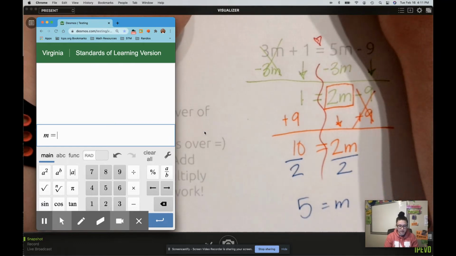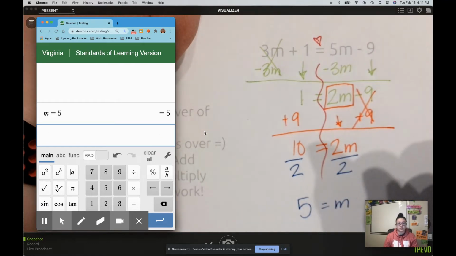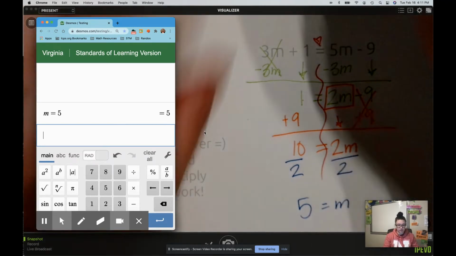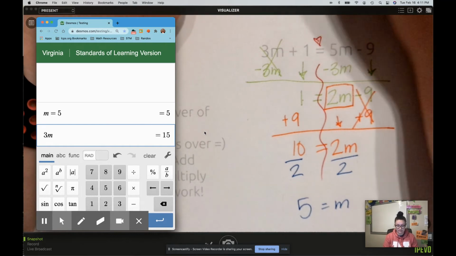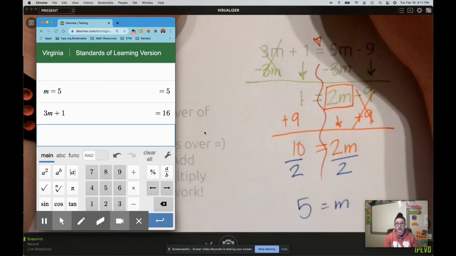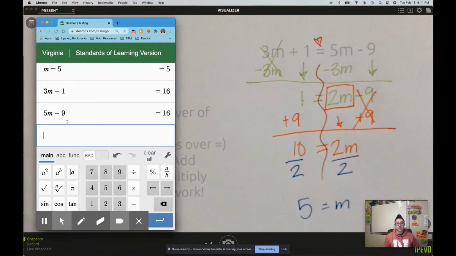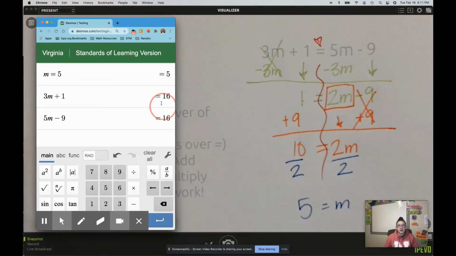We got that m is equal to 5. Then we want to type each section of our equation in separate lines. So I would do 3m plus 1, and I would do 5m minus 9. Like you see up here, I get 16 for both of them.